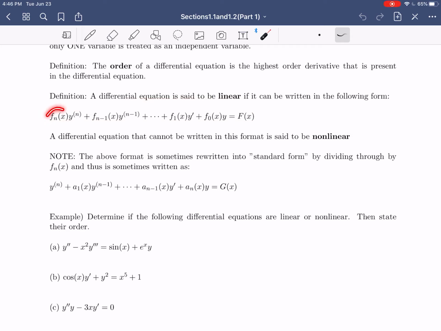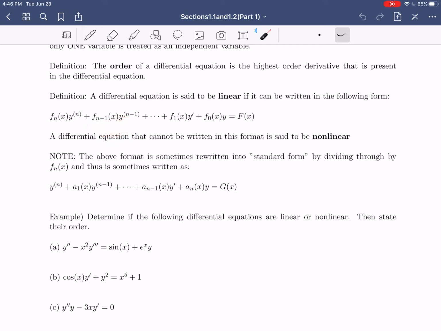So if we divide through by this function of x, then we can rewrite it into this format. So this is often referenced as the standard form for a linear differential equation. It has the nth derivative of y by itself. Notice then I changed notation and I called these a_1 through a_(n-1) through a_n of x, because of course they're really these original functions divided by f_n of x.